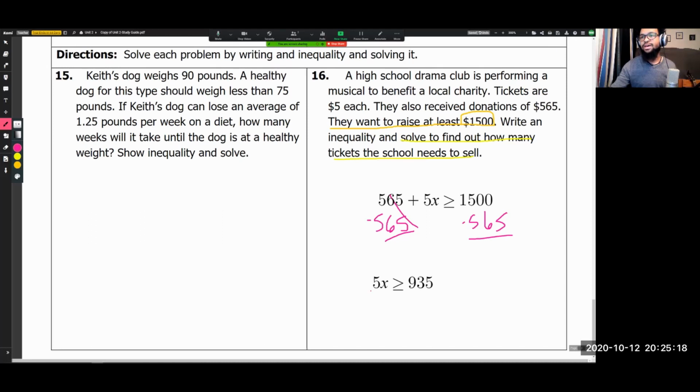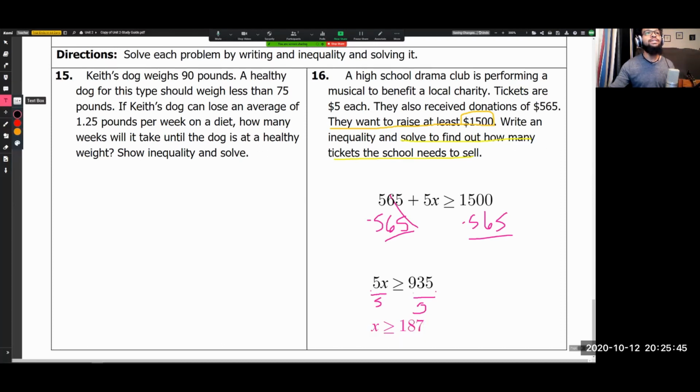So now I'm going to divide both sides by 5. And I end up with x is greater than or equal to 187, because 935 divided by 5 is 187.